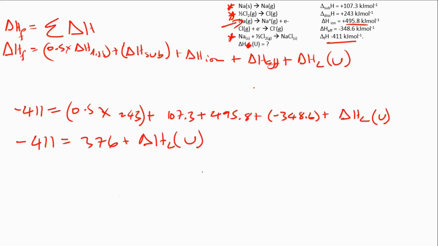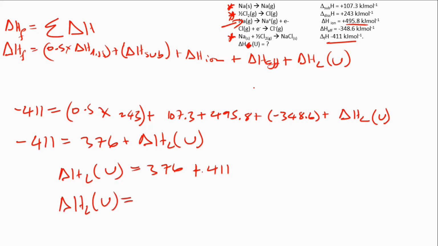So I'm just going to rearrange a bit to see if I can get this value. I'm going to take the 376 across the equal sign, so it becomes positive. So the lattice energy U is 376 plus 411, which gives 787.